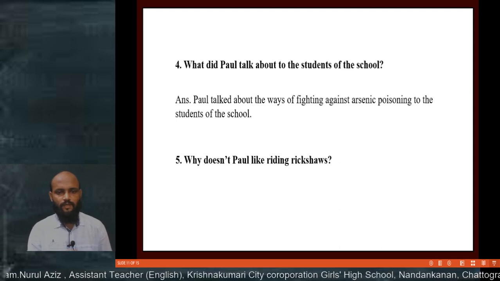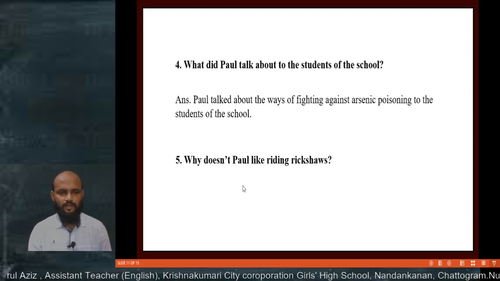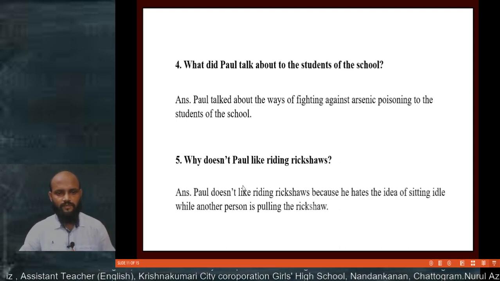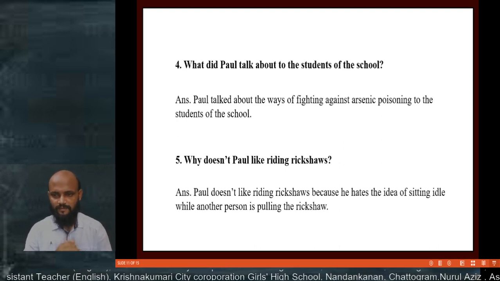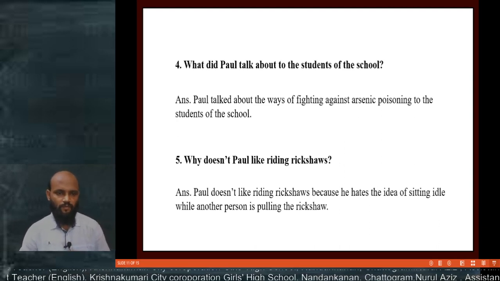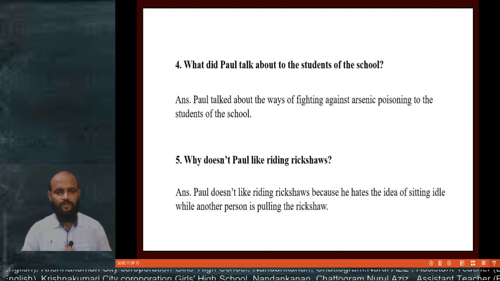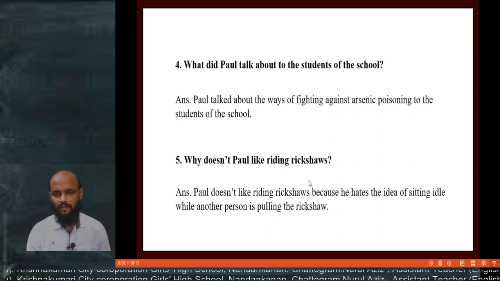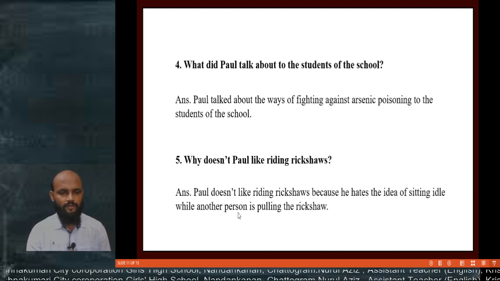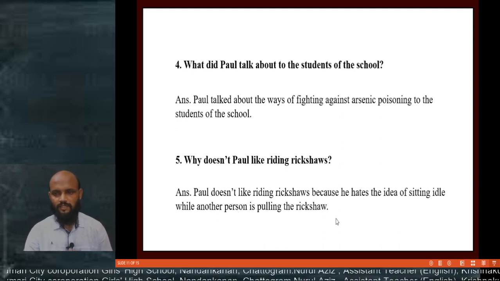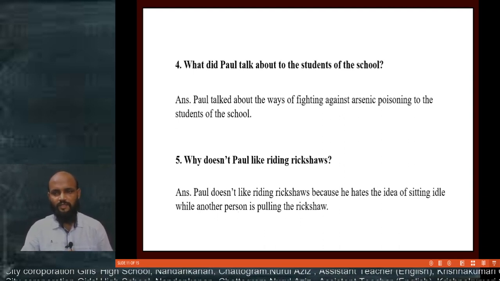Why doesn't Paul like riding rickshaws? This is in another tense. This is in present simple. So you have to write the answers in present simple. Why doesn't Paul like riding rickshaws? Because he hates the idea of sitting idle while another person is pulling the rickshaw. This is not a fair idea to him.